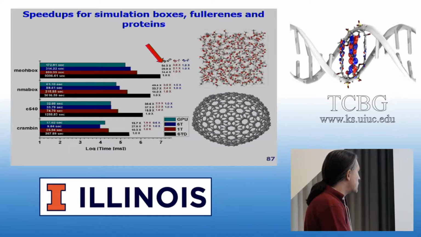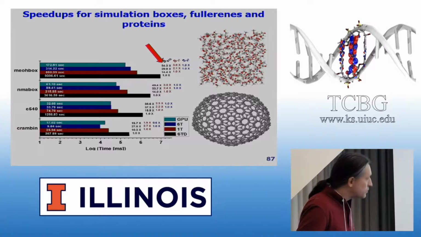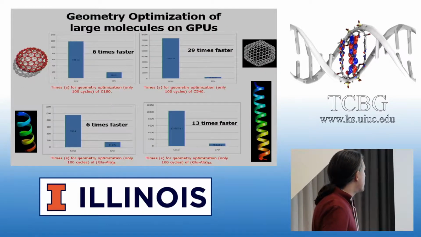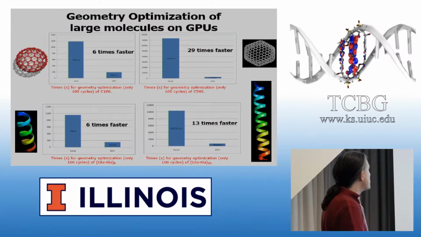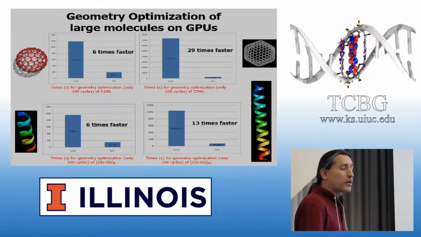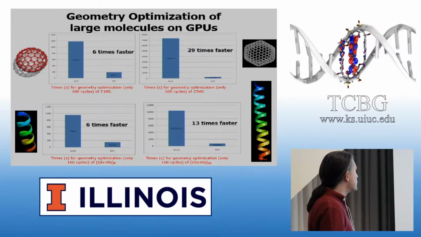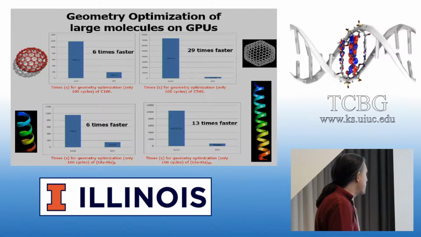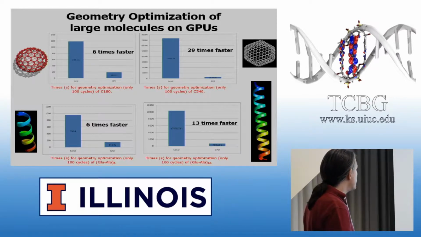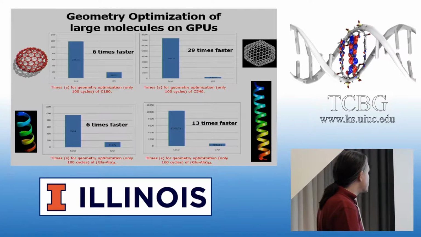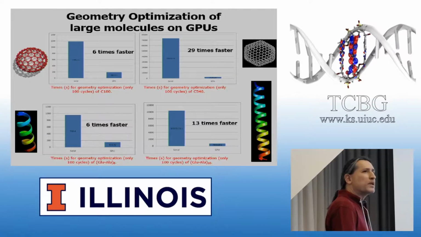We considered other systems, fullerenes and small polypeptides, and you have improvement for the geometry optimization step in MOPAC, and we noted that the larger the system, the higher the speed up.